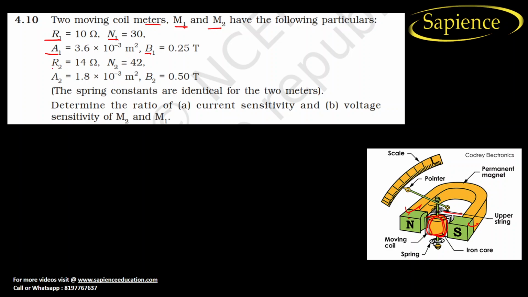And another similar coil will have a resistance of 14 ohm, number of turns 42, area is 1.8 into 10 power minus 3, and the magnetic field strength is T. The spring constant, that is the K value, for this one as well as this one is identical. Determine the current sensitivity and voltage sensitivity. Before solving this, you have to write down what data they have provided you.